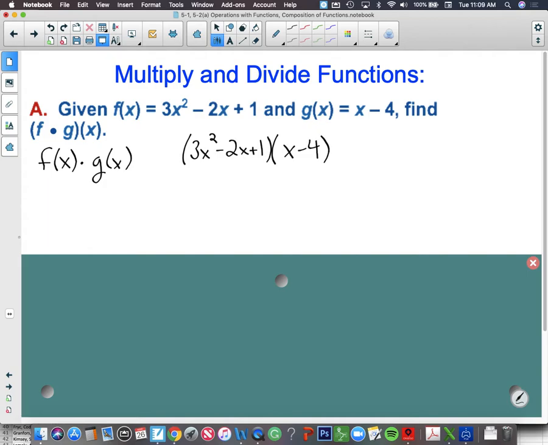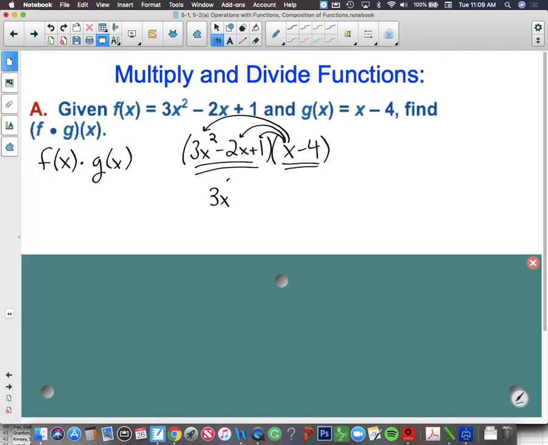After I write it out and set it up, it's kind of like a FOIL situation, okay? And I've asked you guys before, but which one do you think we should multiply into the other? It's best to take the little one into the big one. Now there is no one way to do it, but I think it just works a little bit better with organizing. So we're going to take the little one here and multiply it into the big one here. So take the x and run it through.